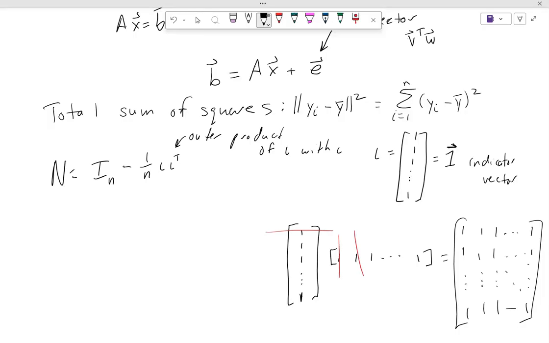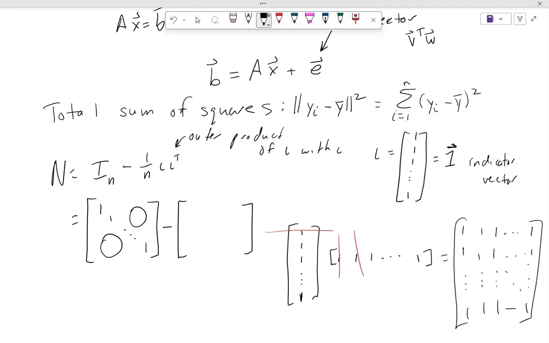Okay. All right. So let's think about what this matrix looks like. What does the identity matrix look like? Yeah, the diagonal's got ones and zeros everywhere else, right? What does that second matrix now look like? When we did iota times iota transpose, we got a matrix full of ones.